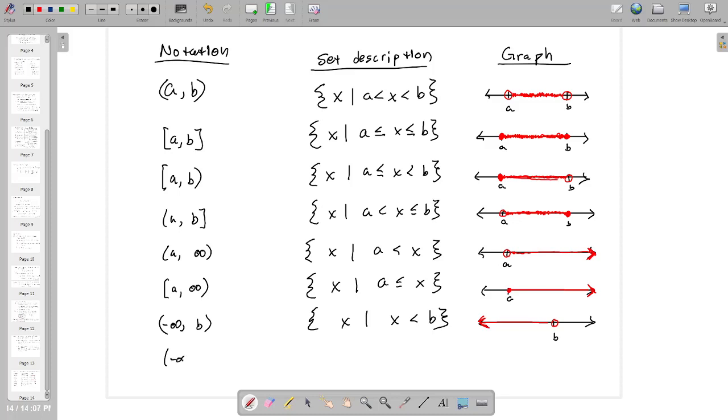And then negative infinity to B closed, X such that X is less than or equal to B. Now, because B is included in the set, we do a closed dot here.